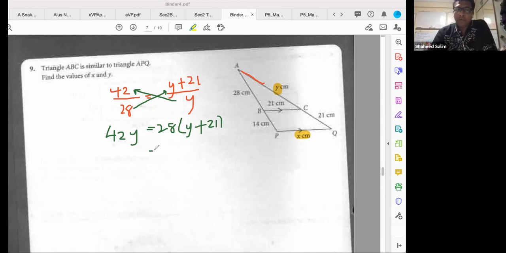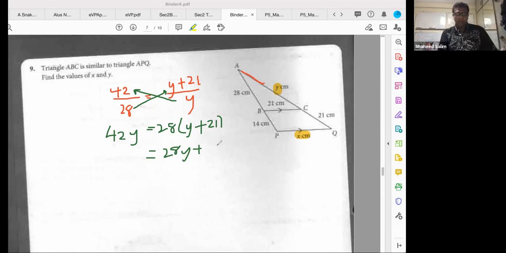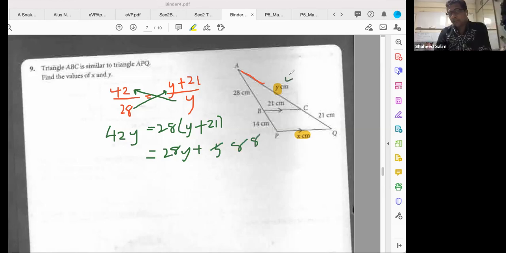No. So now you get 28Y plus 21 times 28. How much is that? 588. Y equals 42. You see, okay.